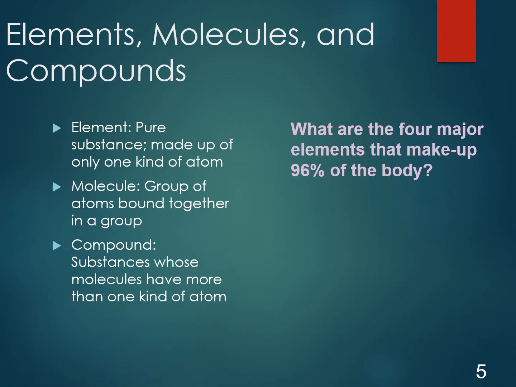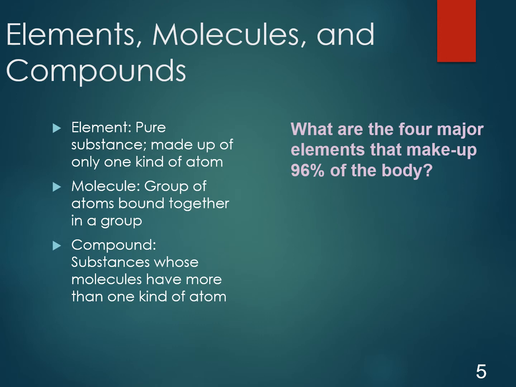Make sure that you're familiar with the terms element, molecule, and compound and that you can distinguish between the three. Remember, an element is a pure substance, like gold, anything that could be found on the periodic table. These substances are made up of only one type of atom. A molecule in itself is a group of atoms that are bound together.